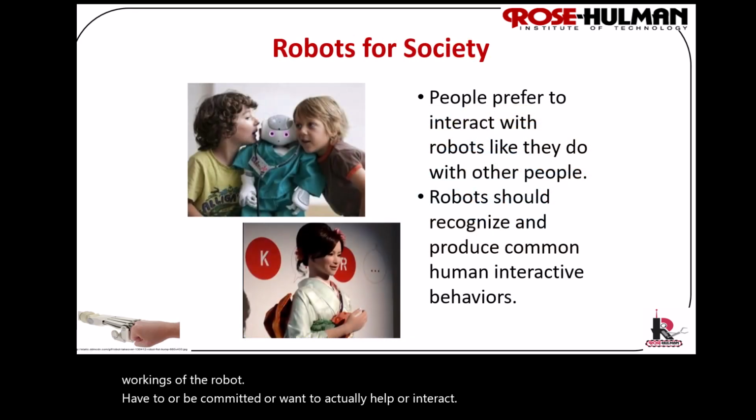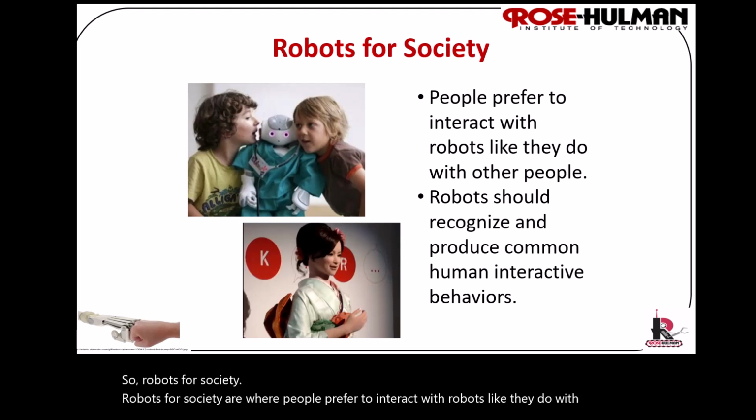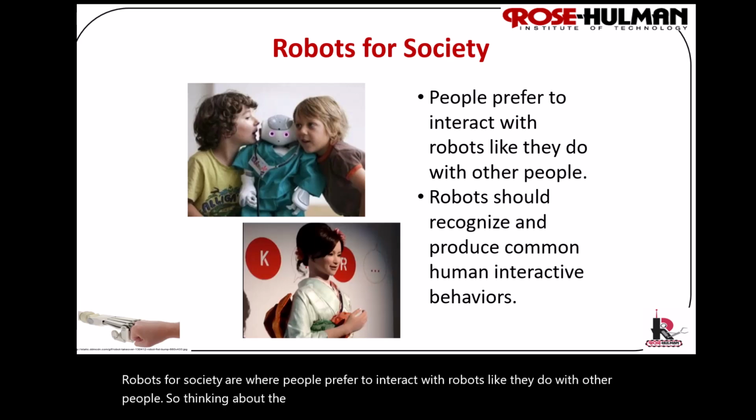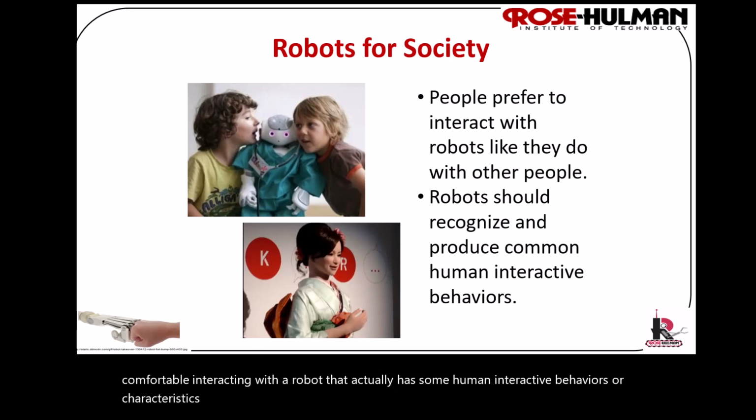So, robots for society. Robots for society are where people prefer to interact with robots like they do with other people. So thinking about the uncanny valley, when robots get creepy, people are more comfortable interacting with a robot that actually has some human interactive behaviors or characteristics. So robots should recognize and produce common human interactive behaviors.